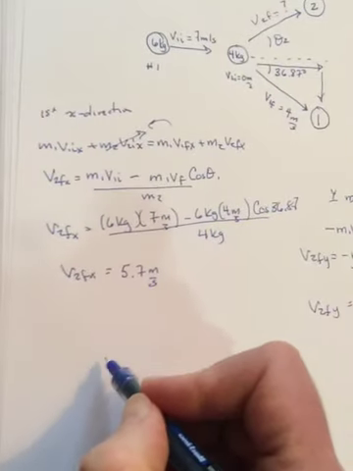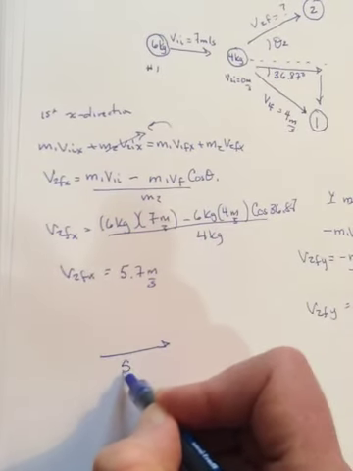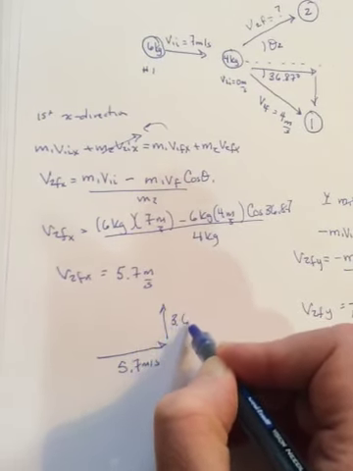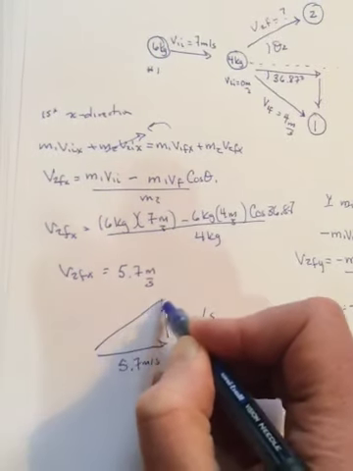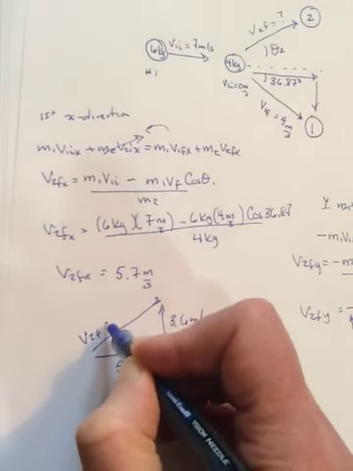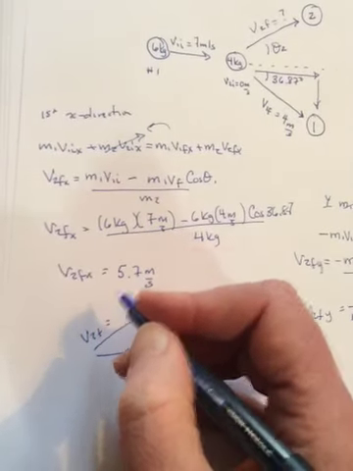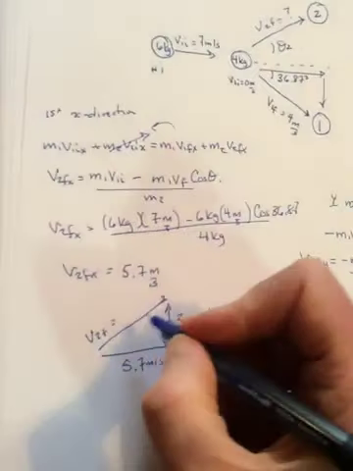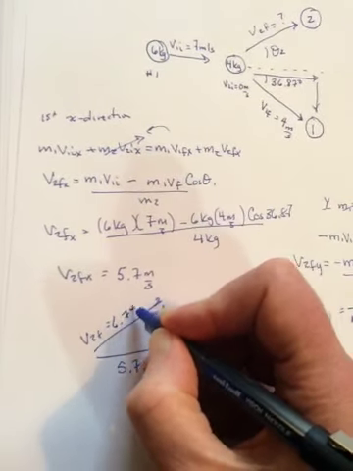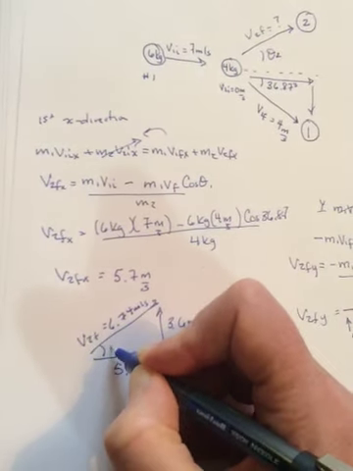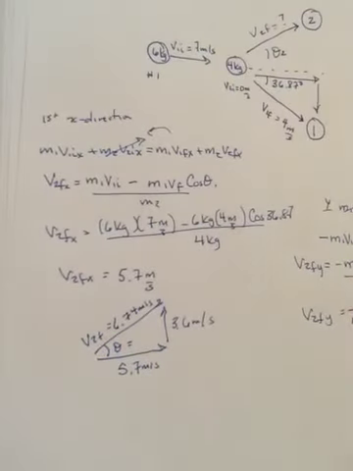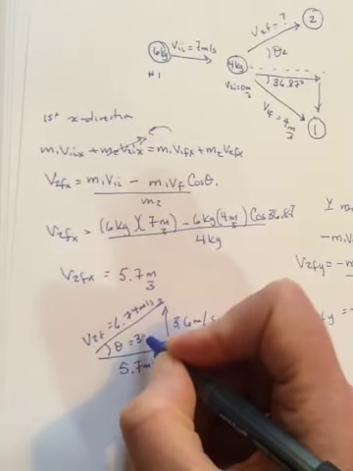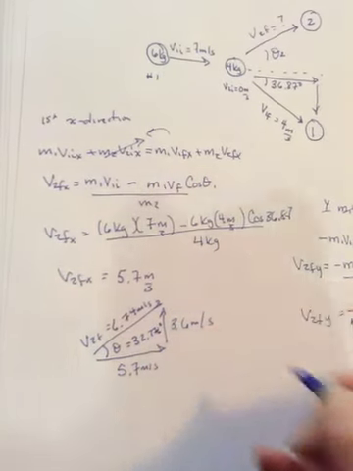So we can get our V2F now. This is 5.7 meters per second, and this is 3.6 meters per second. So I can square them, add them together, take the square root, and I get 6.74 meters per second, and I can find the angle, which is 32.276 degrees.